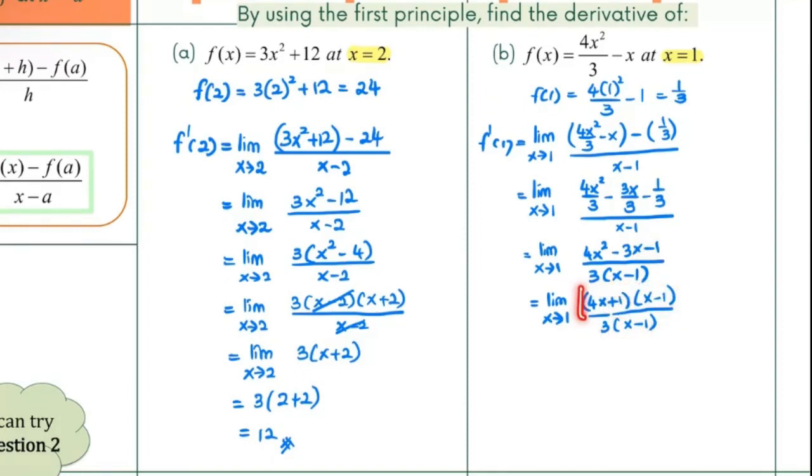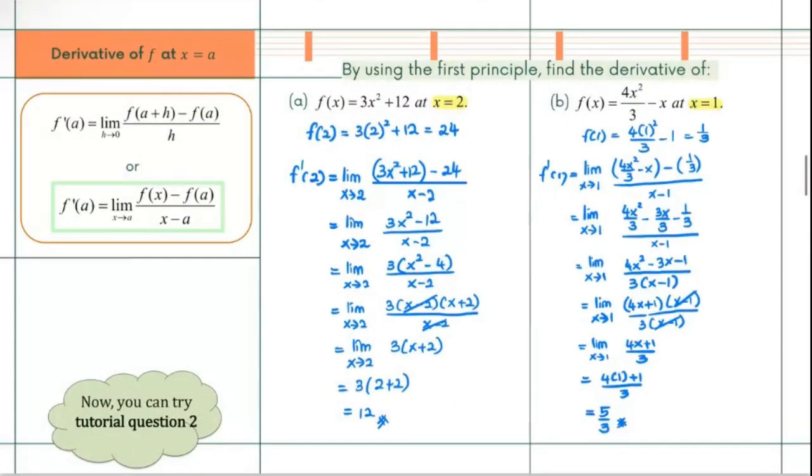So that I can see I have x minus 1 over x minus 1. And now I have 4x plus 1 divided by 3. So boleh gantikan terus nilai 4 darab 1 tambah 1 bahagi 3. So the answer here will be 5/3. Okay, so ini adalah yang kedua.